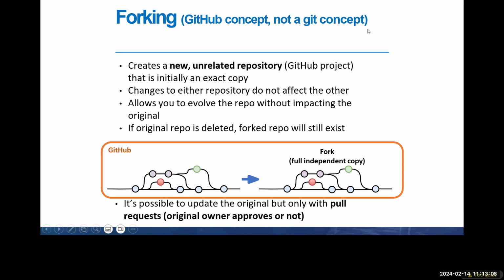As you can see here, we have GitHub, and after making a fork, we are creating a fully independent copy. It's possible to update the original, but only with a pull request, meaning the original owner will need to approve or deny these pull requests.